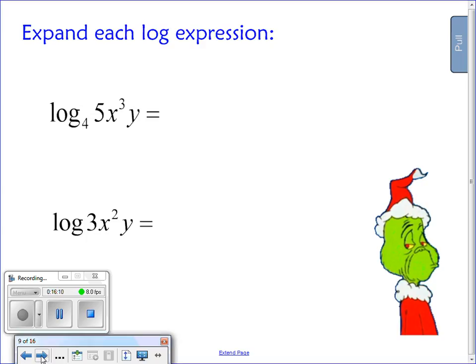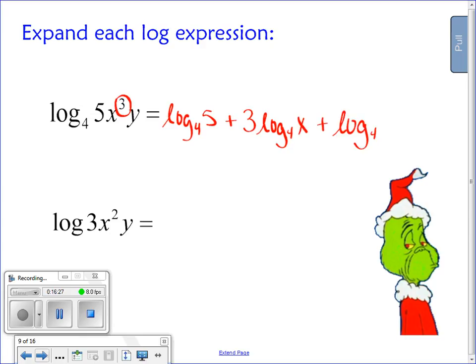So as I'm splitting this, you're going to have log base 4 of 5 plus, then I'm going to move this 3 as an exponent in front, 3 log base 4 of x plus log base 4 of y. And that would be it expanded all the way. I just asked you to expand. We're not solving. We don't have an equal sign. We won't get to those sections in this chapter, unfortunately.